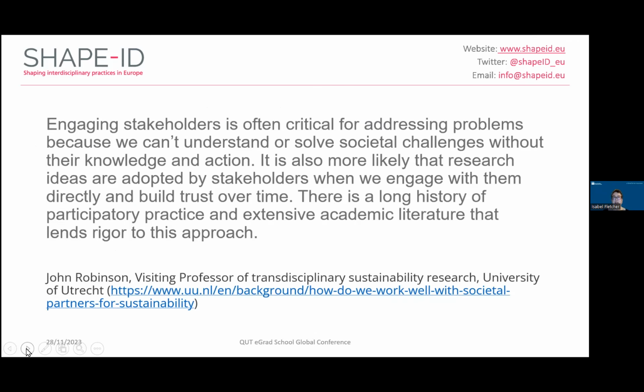And particularly for sustainability research, there seems to be a need for transdisciplinary approaches, because we need the knowledge and participation of stakeholders. We need their knowledge to understand problems, and we need them to take up the research results to change the world. And I like this quote from John Robinson, which I pulled off the University of Utrecht website. There's a page on why do transdisciplinary research, and I think that puts it really nicely.